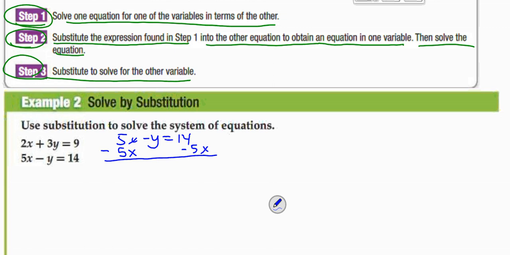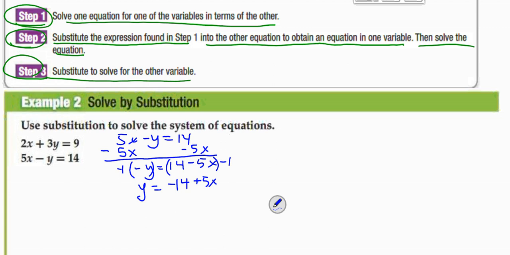And then how are you going to get rid of that? Multiply by -1 on both sides, and then that'll be y equals -14 plus 5x. And can I write it as 5x minus 14?